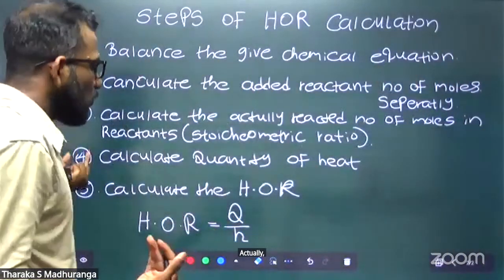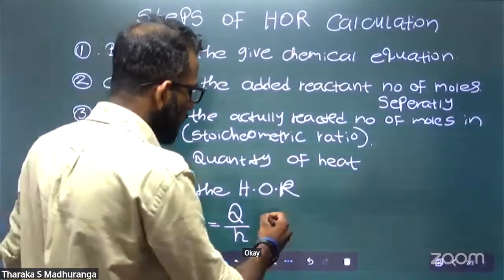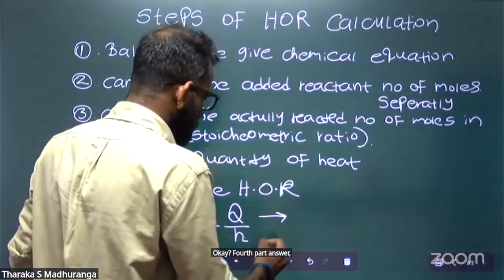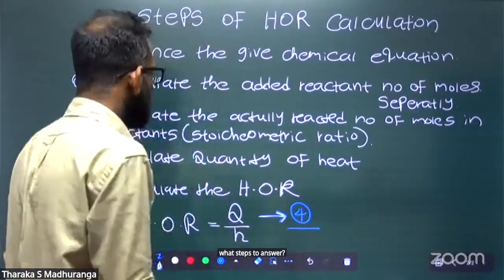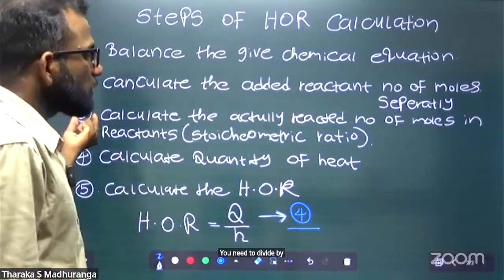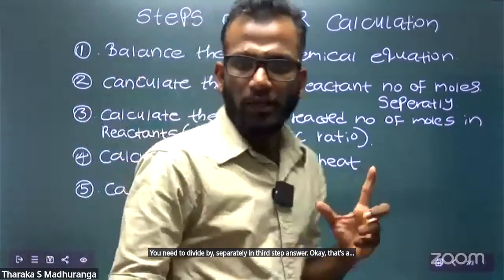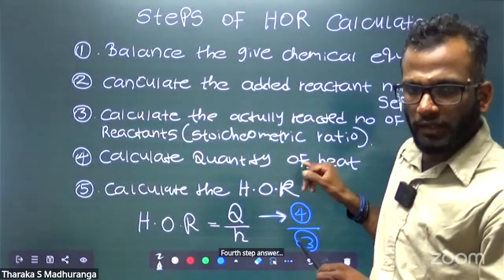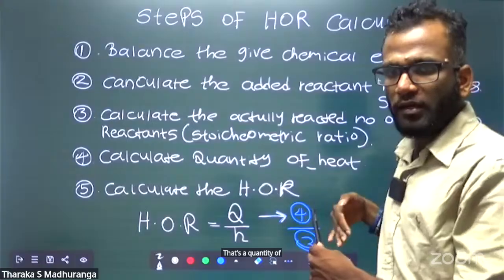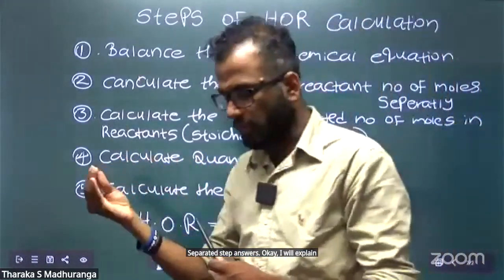If you got the fourth step answer, you need to divide it separately by the third step answers. That's the final step. Fourth step answer, the quantity of heat, divided separately by the third step answers. I will explain in the calculation.